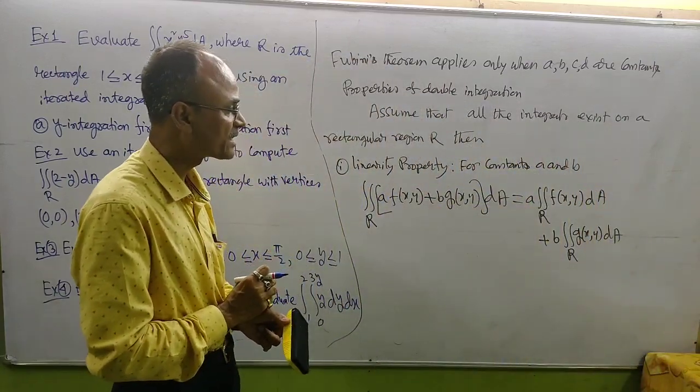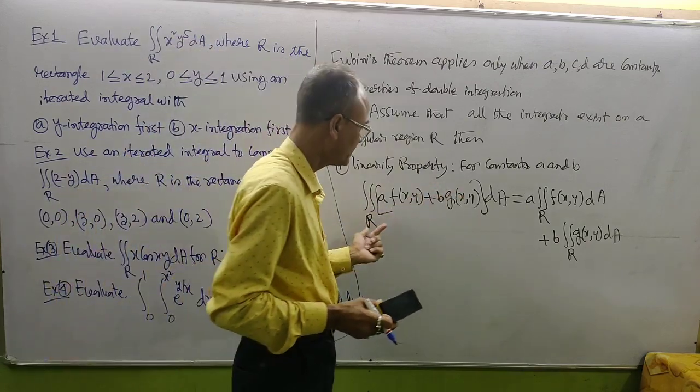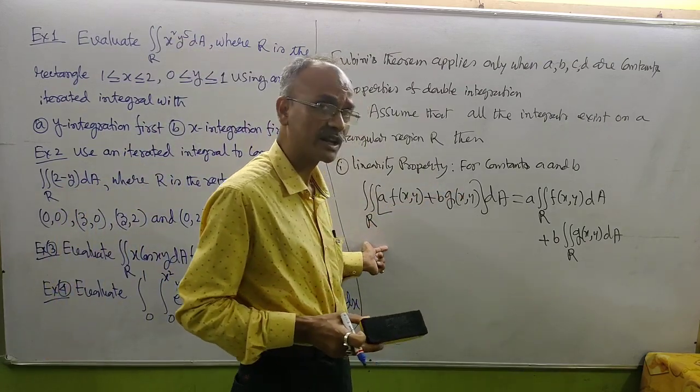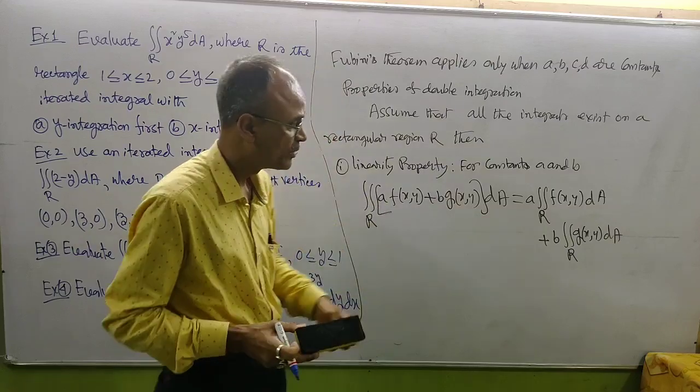This is called linearity property, for constants A and B, rectangular region is R.